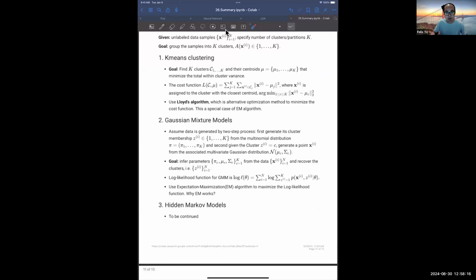The second model we talked about in clustering is Gaussian mixture models. In Gaussian mixture models, we assume the data is generated in a two-step process.